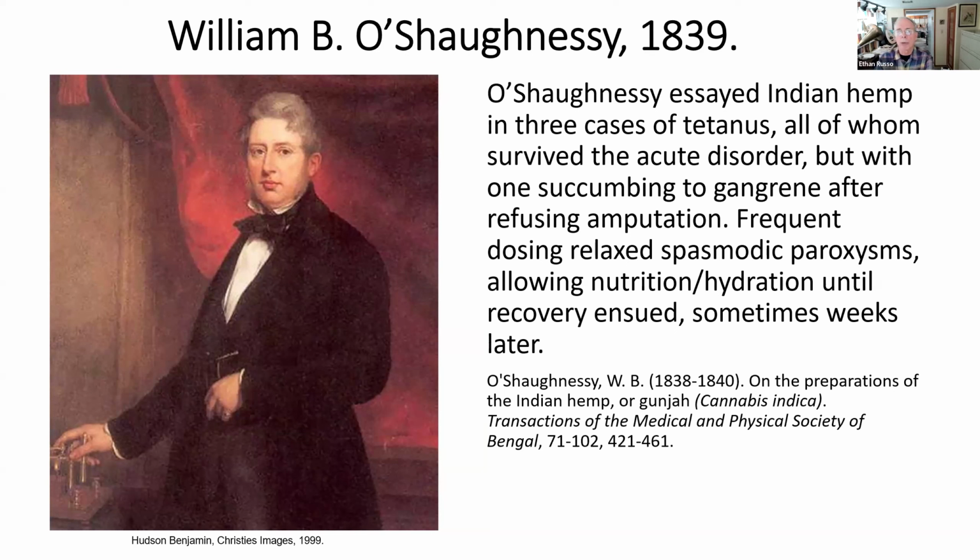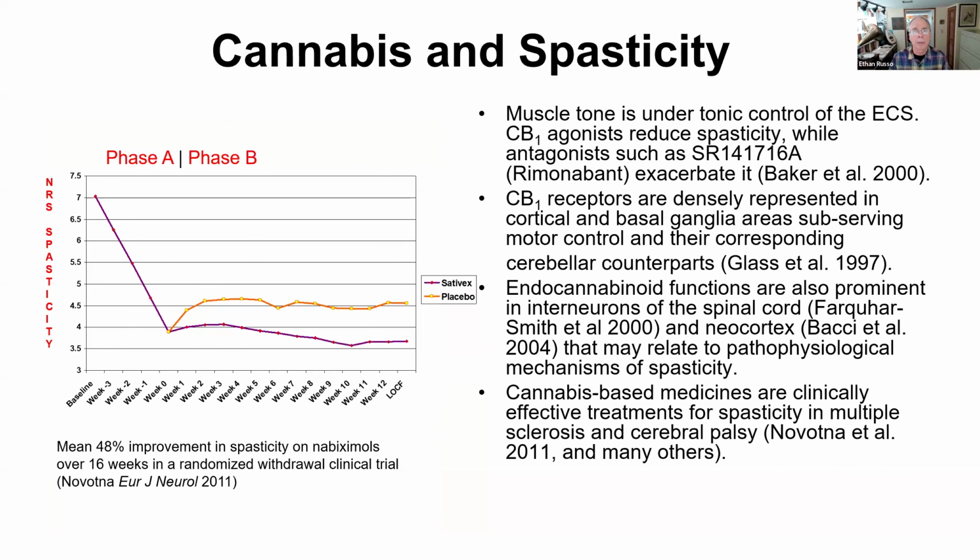What happened with this dosing was relaxation of the paroxysms of spasms, allowing people to eat and drink until they would recover, sometimes weeks later. The toxin in tetanus is very tenacious, and if one can get the person through the initial episodes, it will eventually remit. I should point out that it's not a surprise that this was a uniformly fatal disorder before this treatment became available with cannabis.